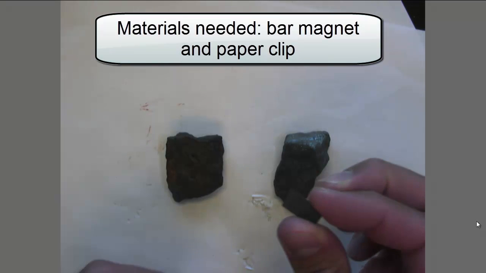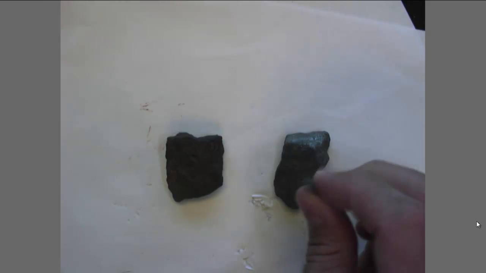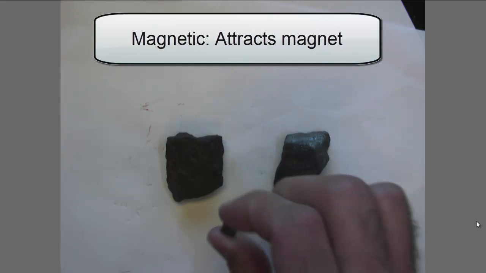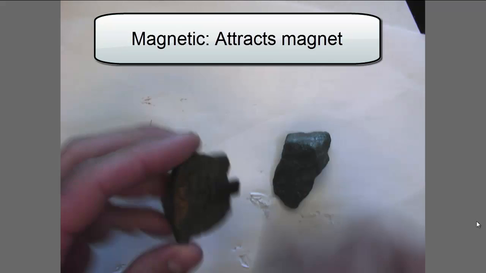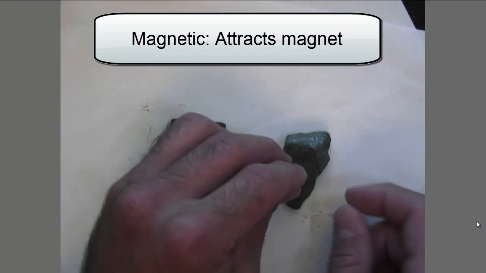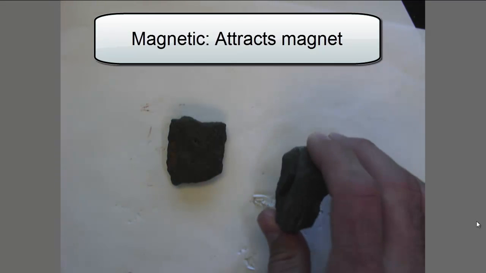Right? If this magnet is attracted to it, then we call that magnetic. So if I hold it, right, you can see that it definitely is attracted to that. And on this one also. All right, so if a magnet will stick to it, it's magnetic.